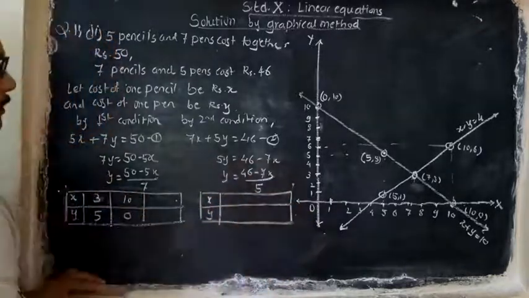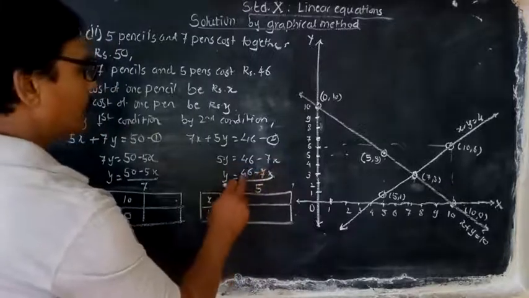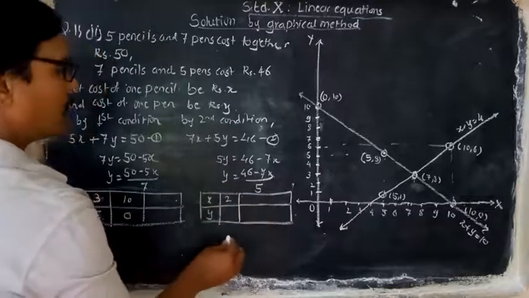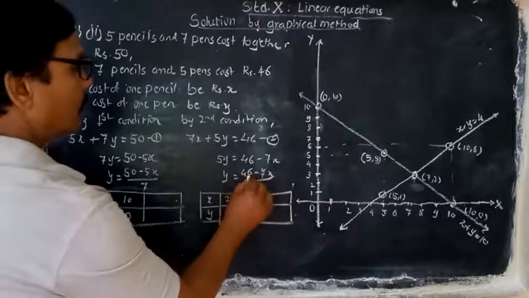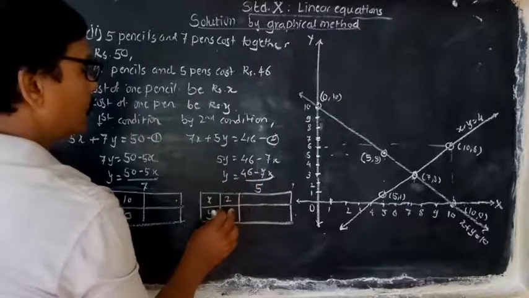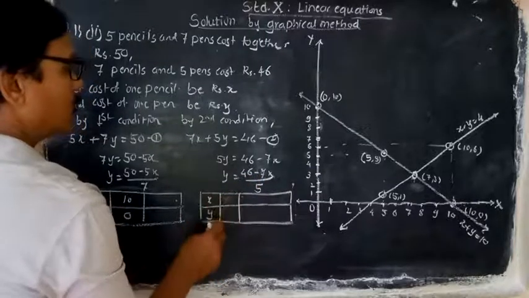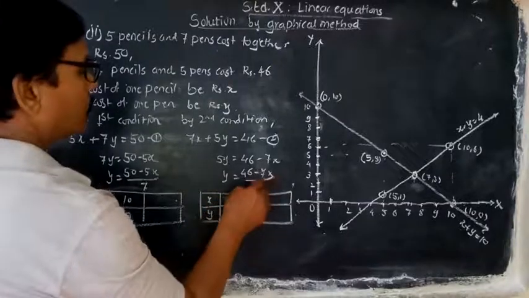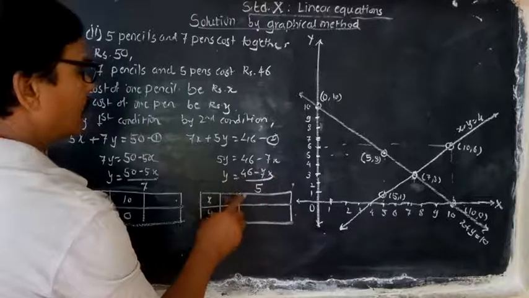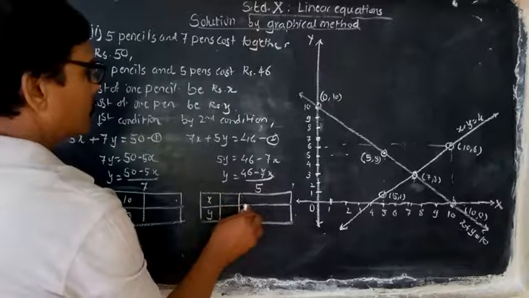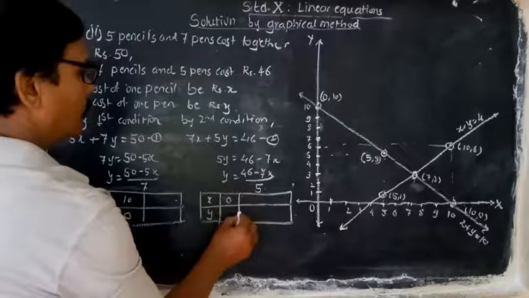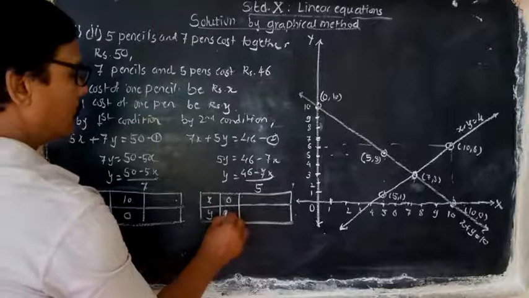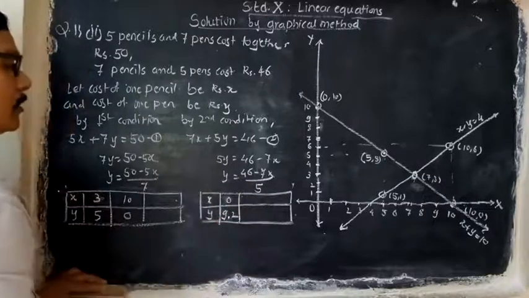For the second equation, if we take x is equal to 0, y will be 9.2.